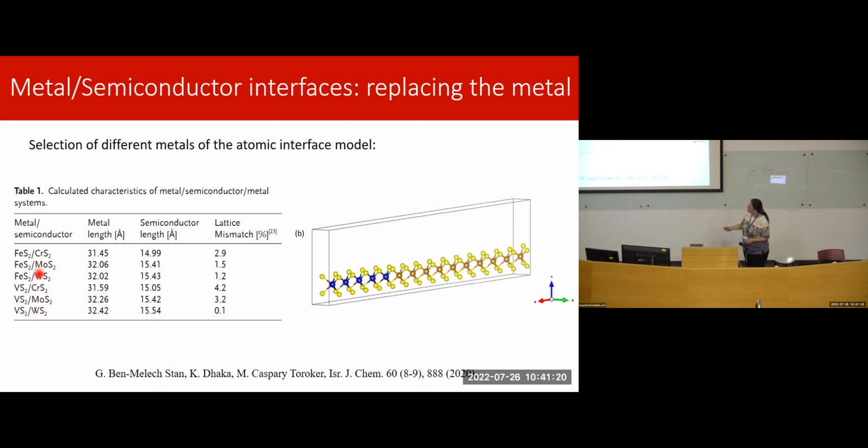The blue would be either chromium, molybdenum, or tungsten. And on the longer side, the gold colors are either iron or vanadium. So the long side is the metal side, and the short side in this unit cell is the semiconductor.